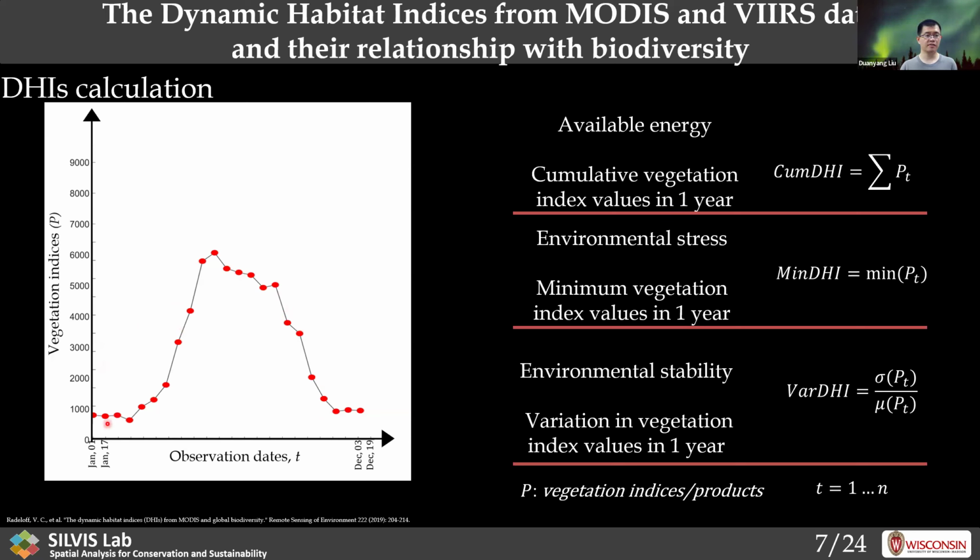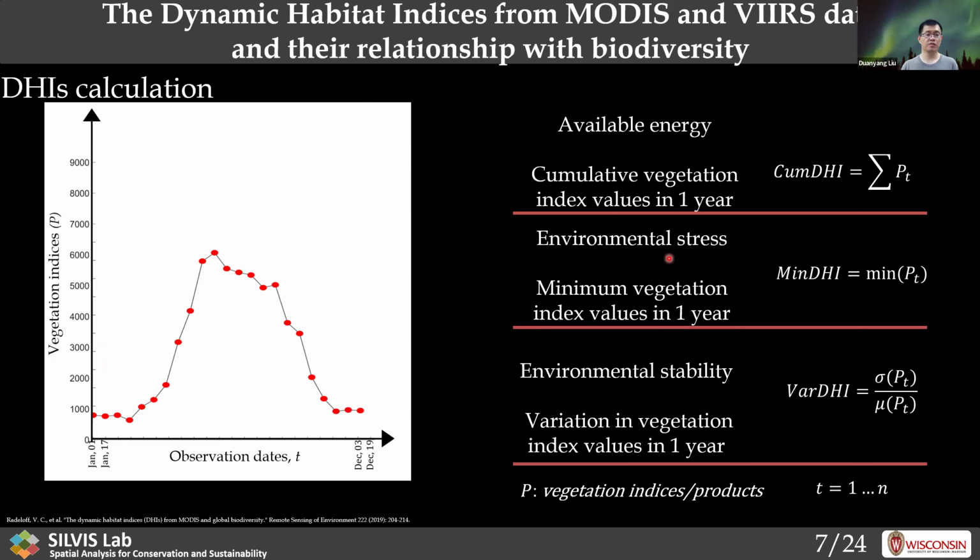Based on this data, we can calculate the 3 DHI variables corresponding to the 3 ecology theories. For the available energy, we have the cumulative DHI, by summing all the vegetation indices over 1 year. And this will reflect the landscape productivity capability.